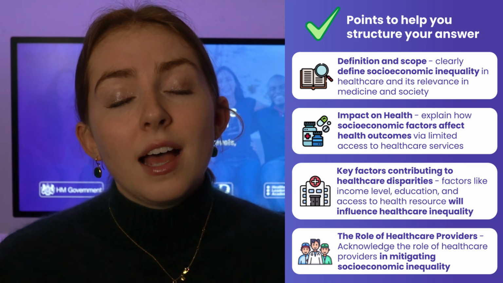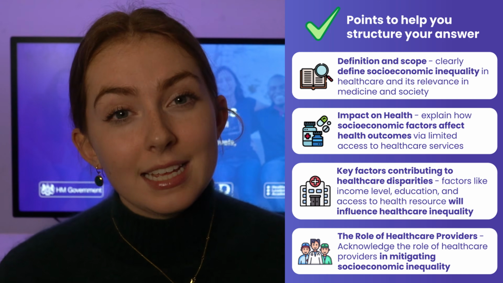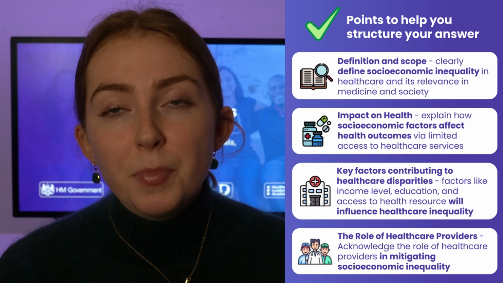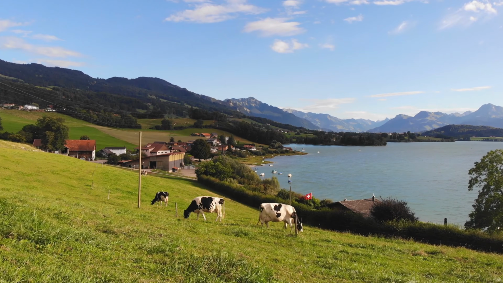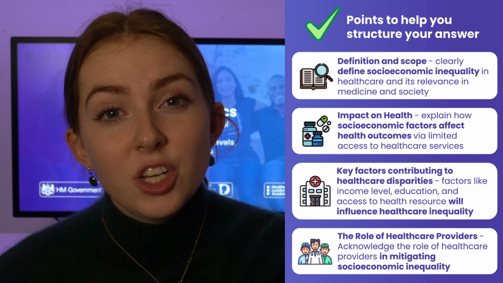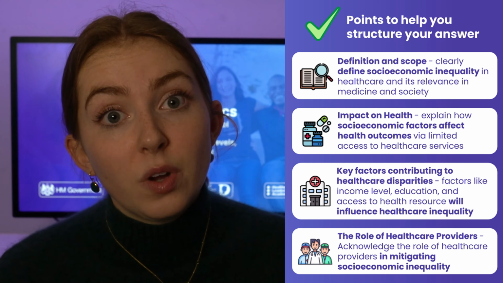So if we think about the first one with access, everyone has the right to access healthcare, but in some areas of the country it is harder than others. For example, in rural communities where public transport links are poor, getting from villages to a big healthcare tertiary centre, which is sometimes needed, is really quite difficult.